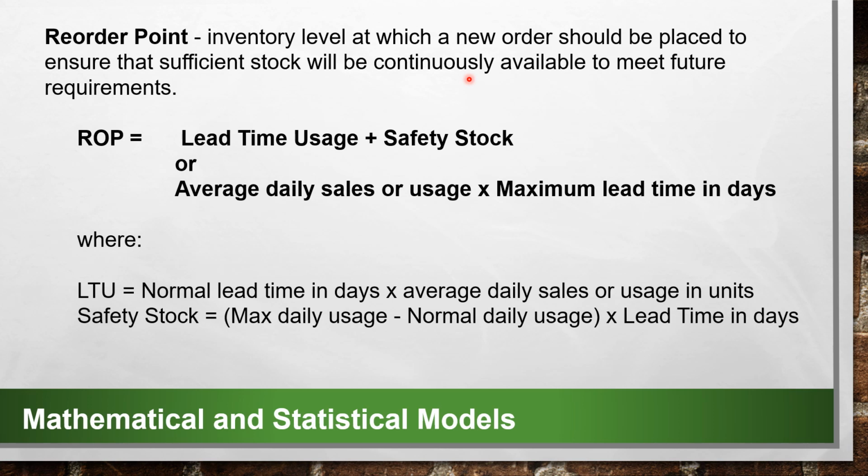For example, with a normal lead time of 3 days and average daily sales of 3,000, that's 3 times 3,000, so we have a lead time usage of 9,000. Pretty straightforward. Safety stock is the maximum daily usage deducted by the normal daily usage, multiplied by the lead time in days. So that is our safety stock.